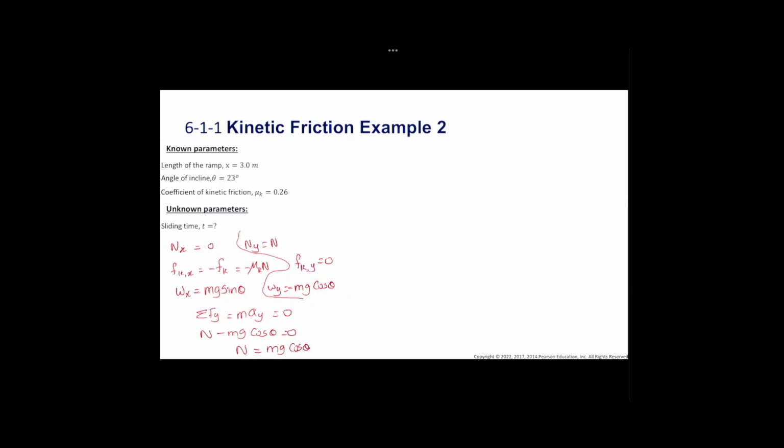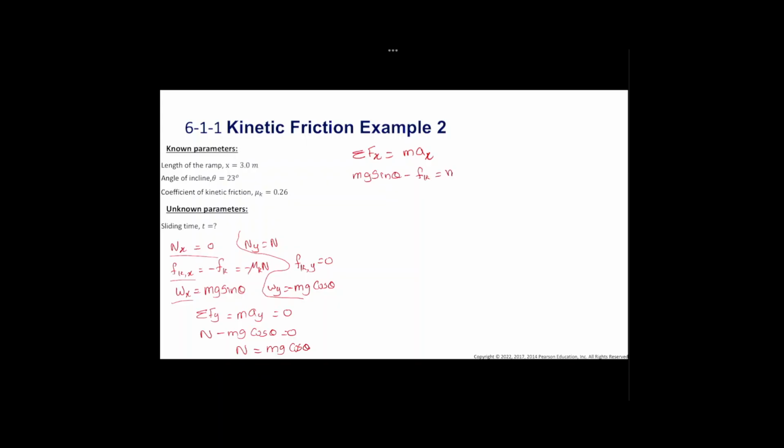Next, to find the acceleration in the x direction, we have to use Newton's second law of motion in the x direction, that is F equals ma in the x direction. Now the x direction forces are: Nx is 0, we have the frictional force and the component of weight in the x direction, which is mg sin theta, and the friction force is Fk.